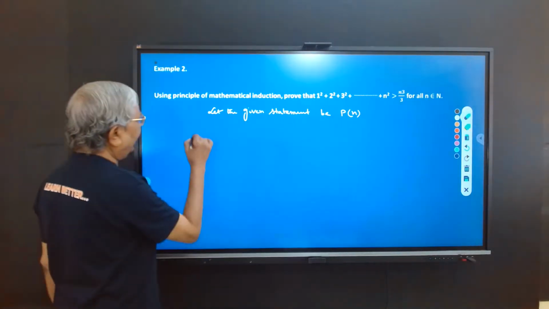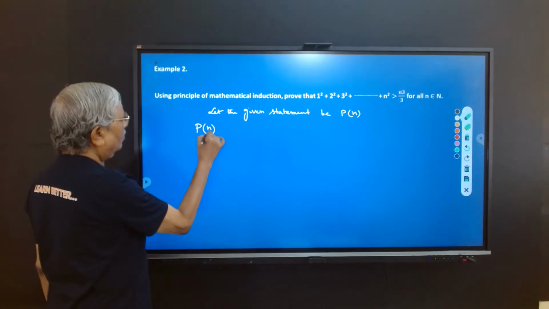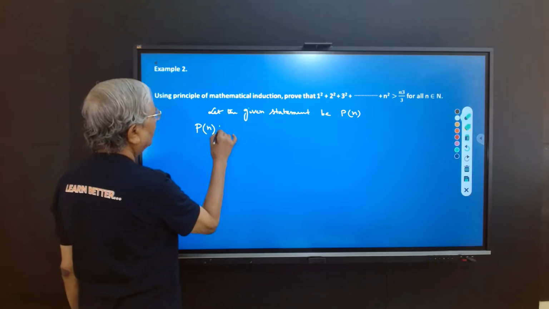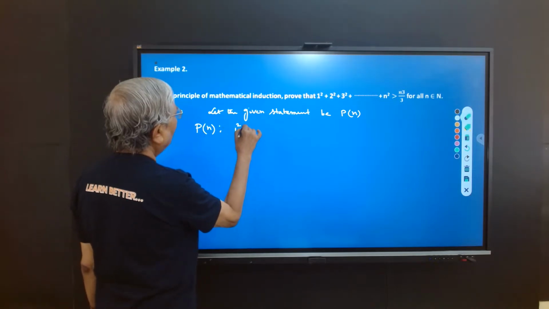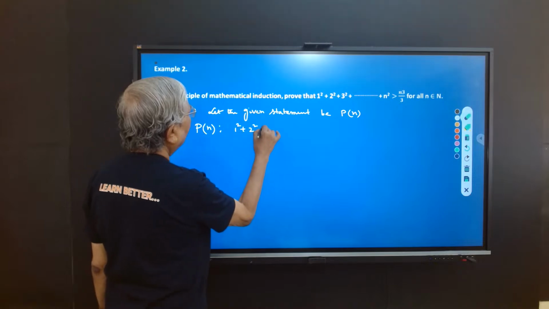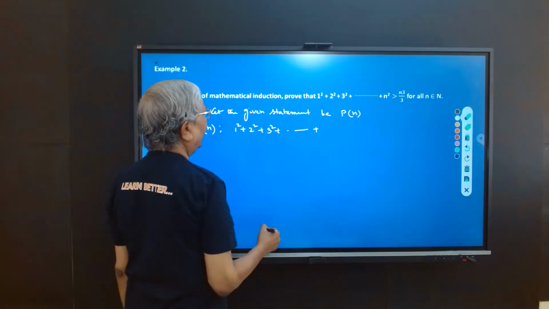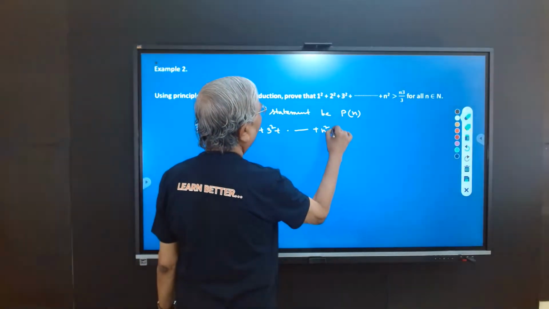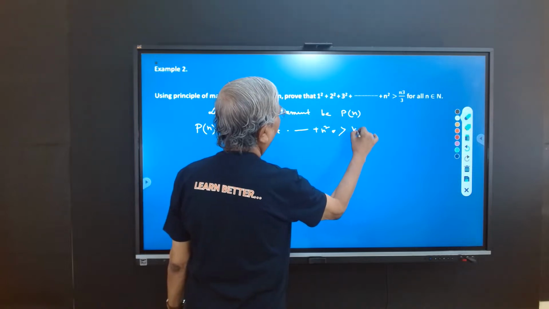So what is our Pn? Pn is the statement 1 square plus 2 square plus 3 square up to n square is greater than n cube by 3.